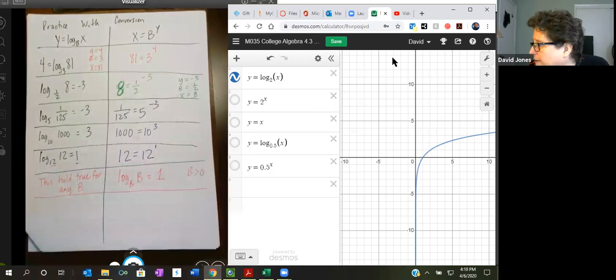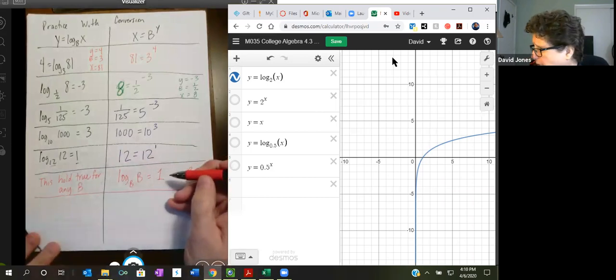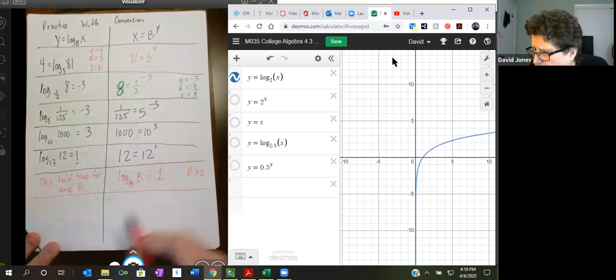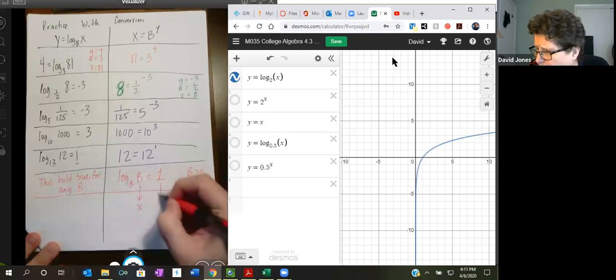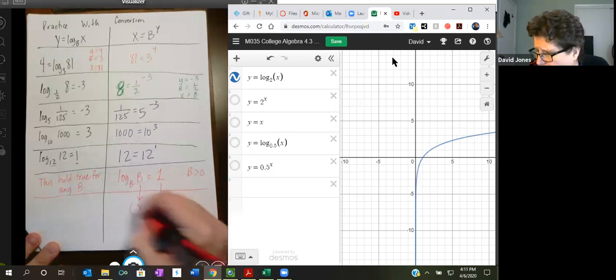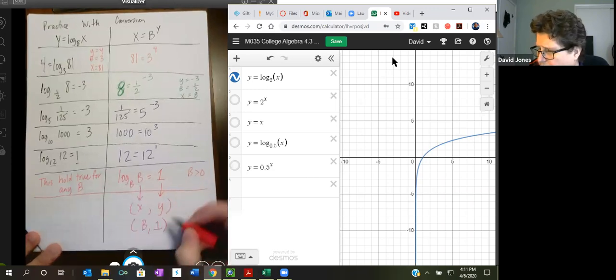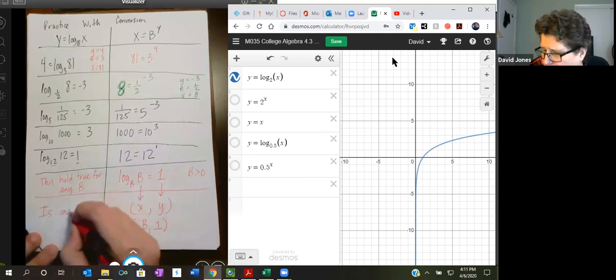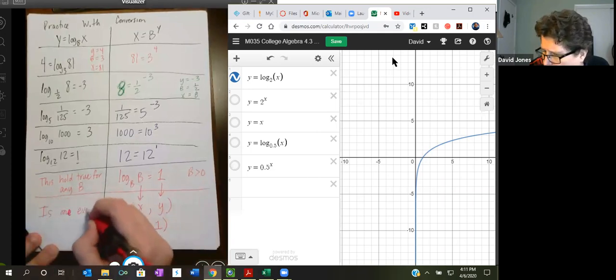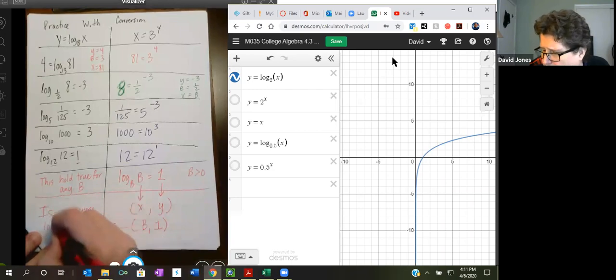That was part of it. And what does this tell us? This is my x value. This is my y value. B comma 1 is on every log graph. Every logarithmic graph.